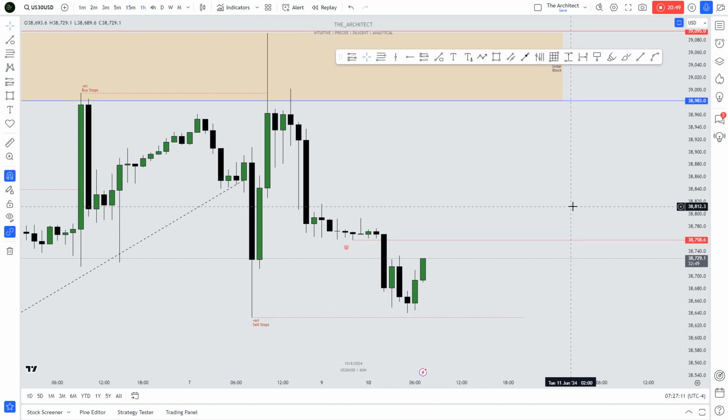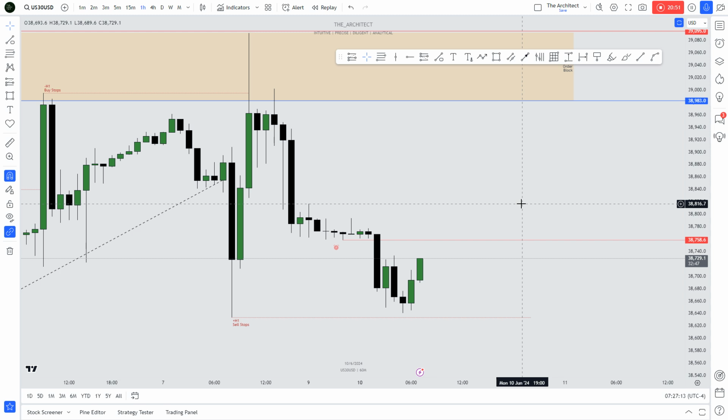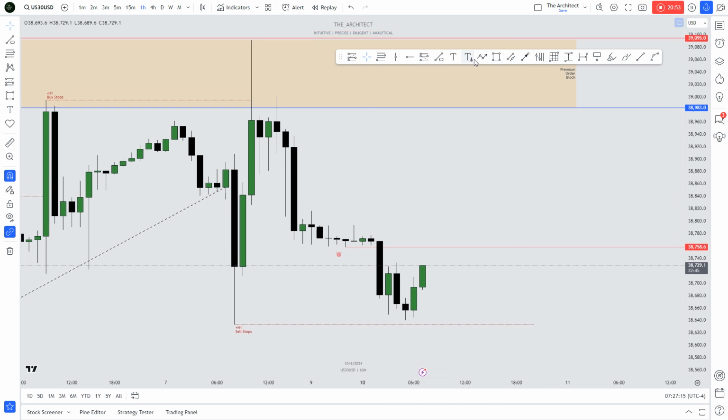Now, you want to look for the inefficiency. If the market is in a selling environment, you want to see where there's a buy side inefficiency in price. We can see this is a sell side movement in price.